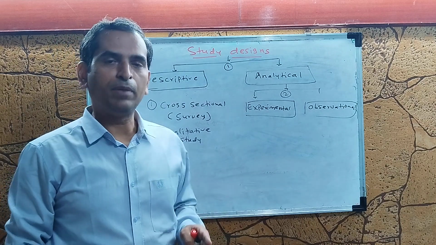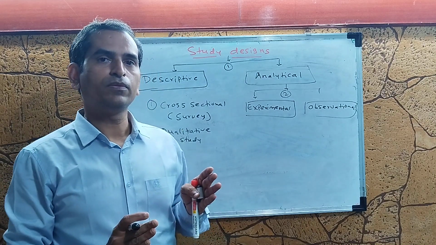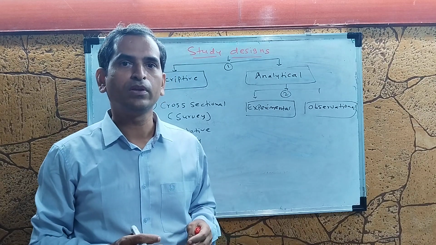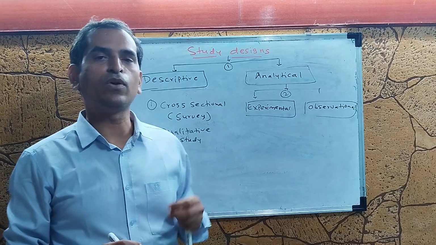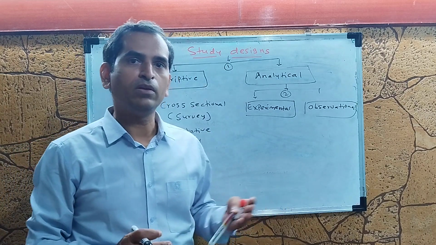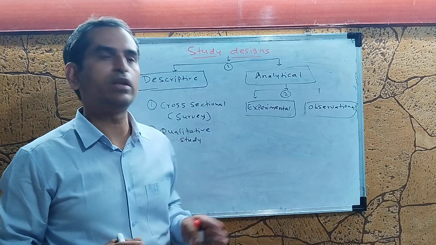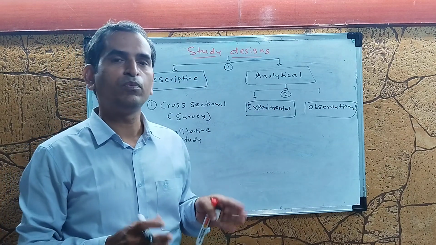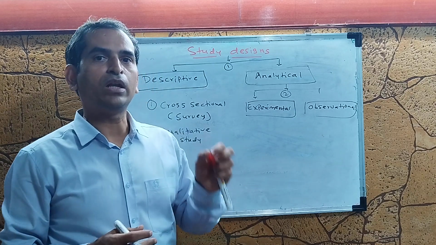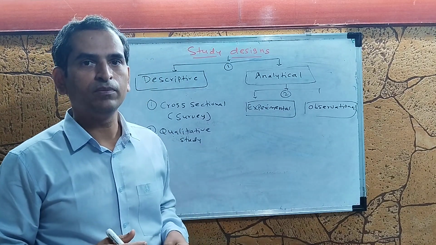When the answer is experimental, that means the researcher is doing some intervention. That intervention can be in the form of physiotherapy, pharmacotherapy, or some other intervention, and it is experimental because the researcher is planning the experiment. That's why it's called the experimental study.